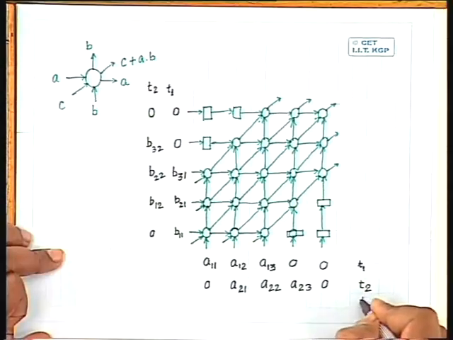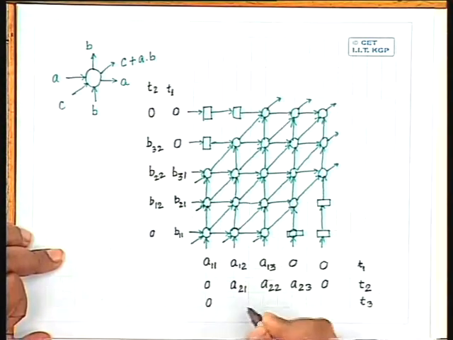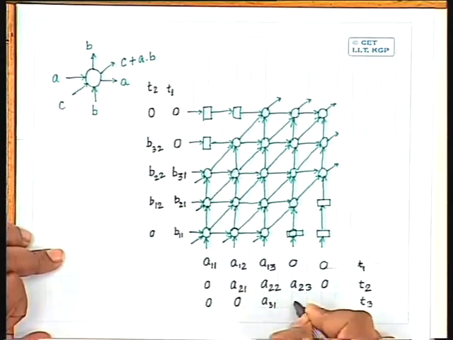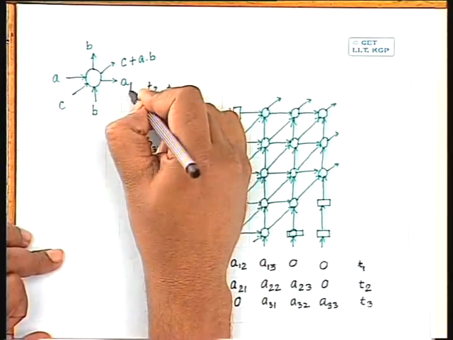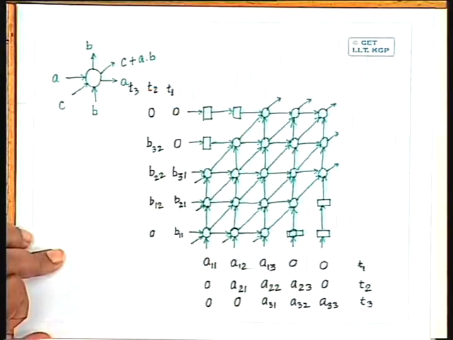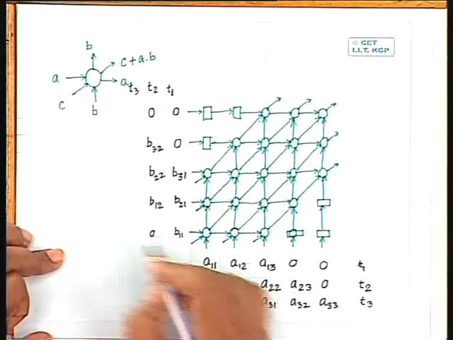Similarly, during time T3, I feed the third row of matrix A to this vertical input, and this becomes A31, A32, A33, and during the same time T3, I feed in the third column of matrix B to this horizontal input.